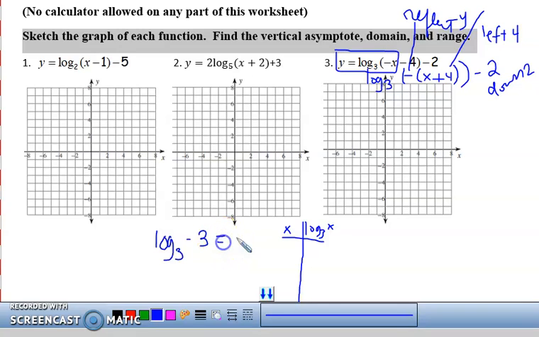Well, what that's asking is it's asking you 3 to what power of y will give you negative 3. So if you use a positive value of y, you'll get some number that is going to be a whole number if you allow y to be bigger than 1. If you allow y to be 0, you'll get 1.